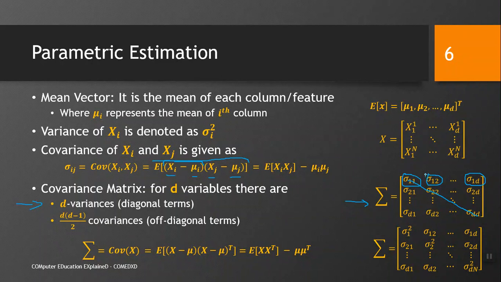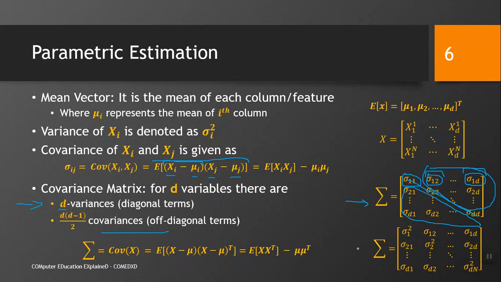Here, however, this tells the covariance of feature 1 with feature 2, and this final term tells us the covariance of feature 1 and feature d. There are d features and d times d minus 1 over 2 covariances, all of the entries which are off the diagonal basically.